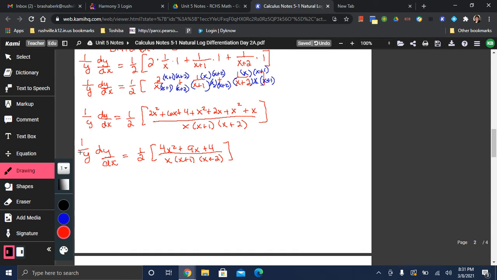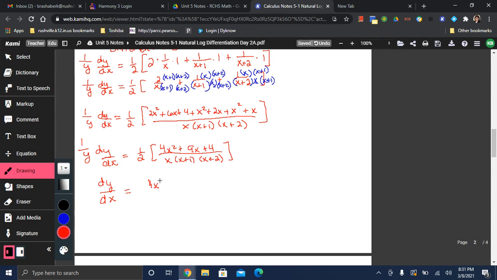So we often forget that at the beginning we had 1 over y. So you'll need to multiply both sides by y over 1, giving you as a final answer dy dx equals, the 2 could actually go to the denominator now.